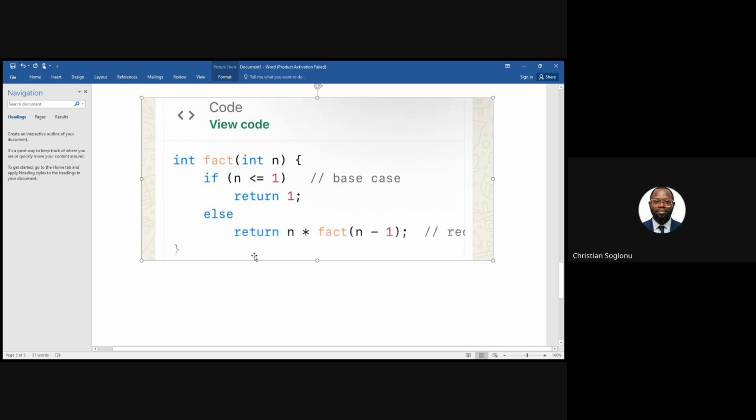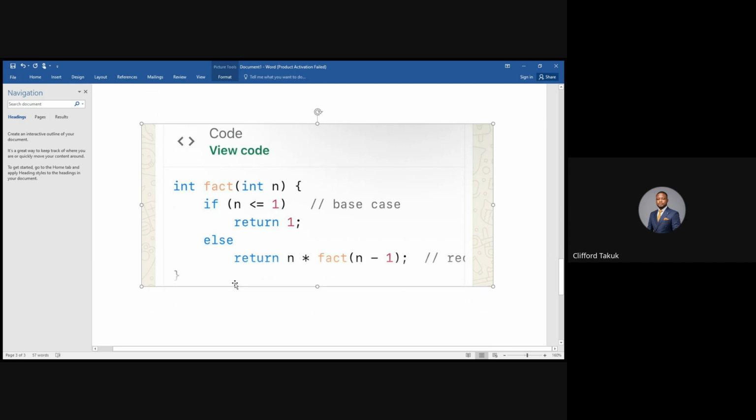Yes, this is exactly what is supposed to be in the slide. So the declaration here, we are finding the factorial of 6. We are writing an algorithm for the computer to find the factorial of 6. Now it's saying that if n is less than or equal to 1, it should return 1.